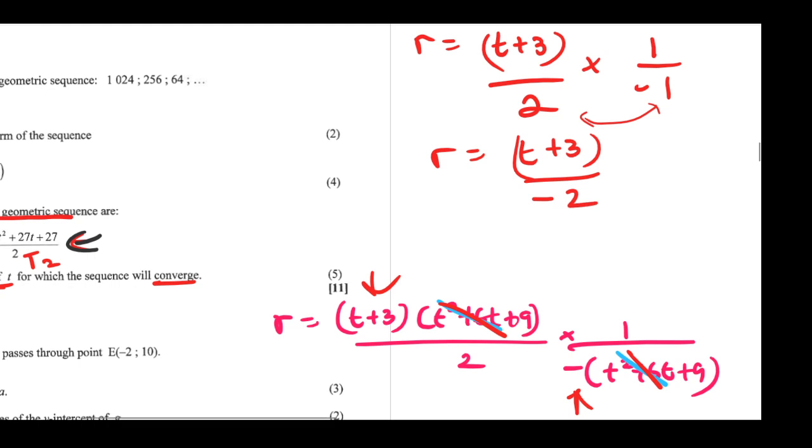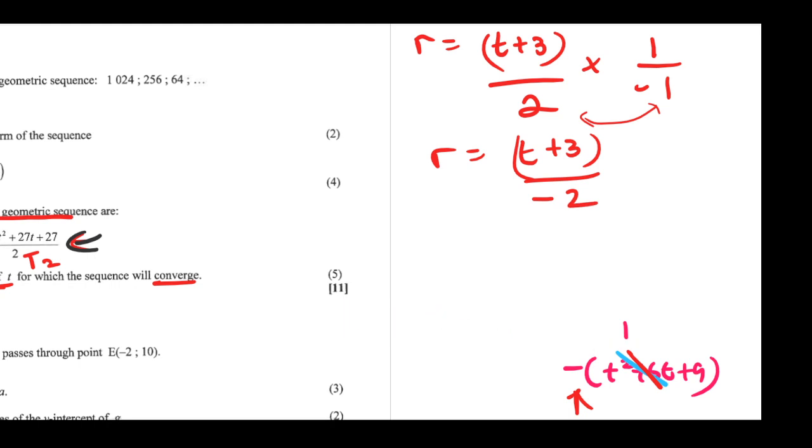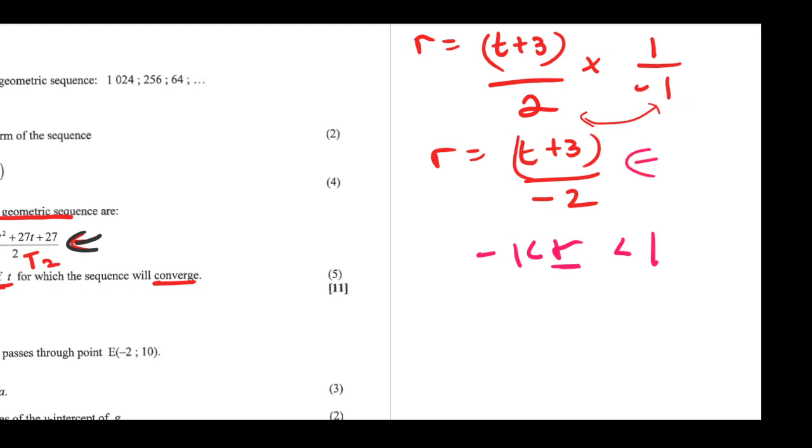So now we have direction on how to solve this problem, right? Remember, we want to find the value of t. We're told that this sequence converges, meaning r lies between minus 1 and 1. So in place of r, we're going to put in this expression here. So it's minus 1 less than t plus 3 over minus 2, less than 1.